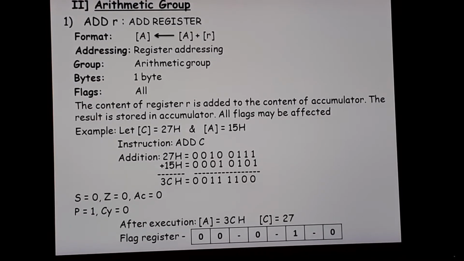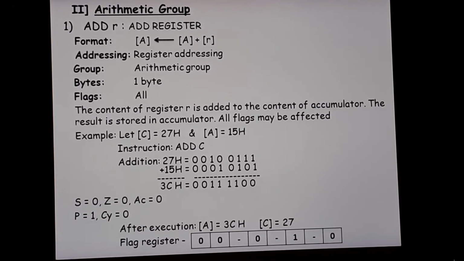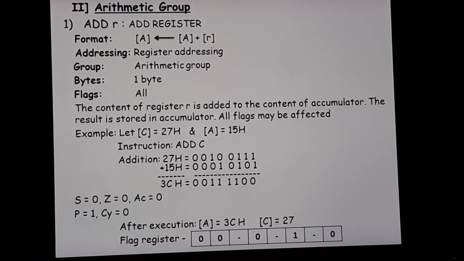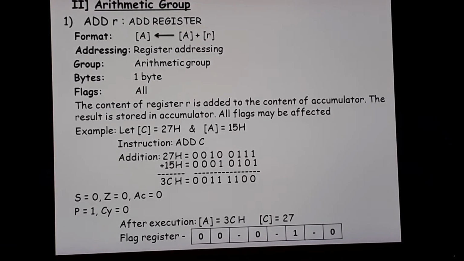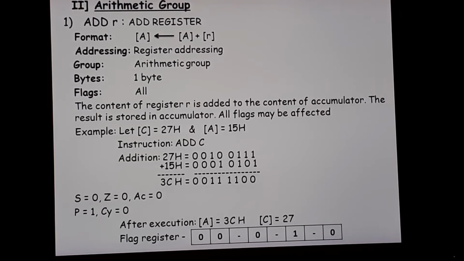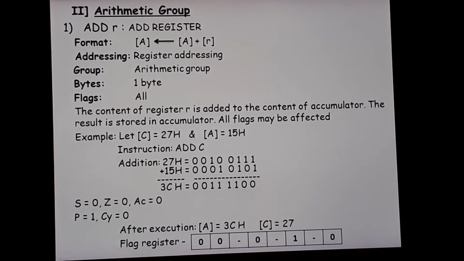You need to mention the flags which are getting affected, and the flag register I have explained in the previous chapter, so go through that video and study the flag register thoroughly. Okay, so the explanation you all got it. The content of the accumulator is added to the content of the register and the result is stored in the accumulator.